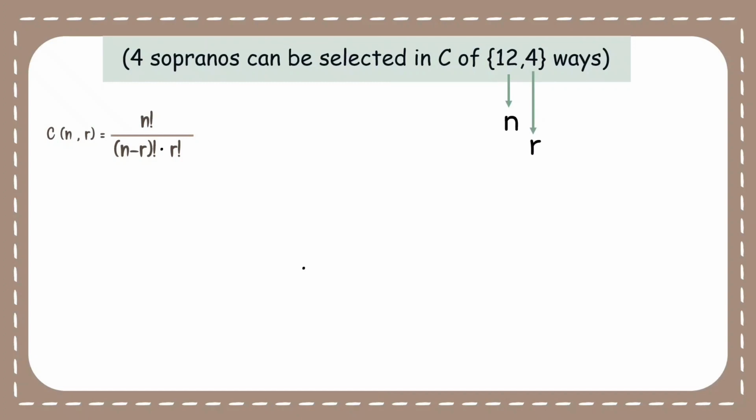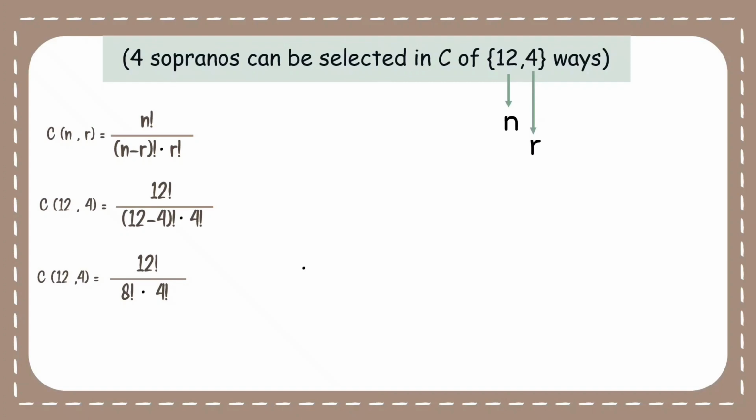We can now substitute the given values. So, we have a combination of 12, 4 is equal to 12 factorial over quantity 12 minus 4 quantity factorial times 4 factorial. Now, we have to start computing inside of the parentheses. We have 8 factorial coming from the 12 minus 4 quantity factorial.